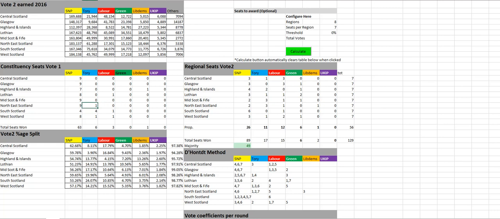Given the current plight of the fisheries, let's take that back. South East Scotland, I fancy a couple of seats off them down there. Never know. In fact, let's take the Labour seat as well. Feeling kind of generous. In the West of Scotland, there's 10 seats to be won. I can't see how we can take all 10, given these current percentages.